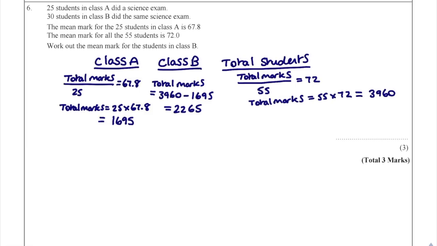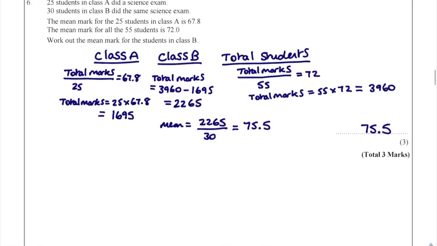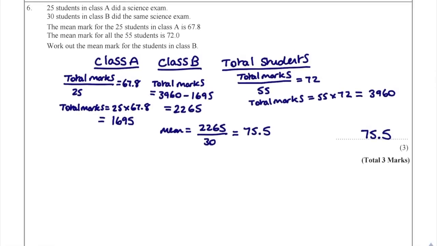Now to work out the mean, that's the total number of marks for Class B, which we've just worked out is 2,265, divided by the total number of students for Class B, which we know is 30. So it's going to be 2,265 divided by 30, which gives us 75.5. That's our final answer for question 6.